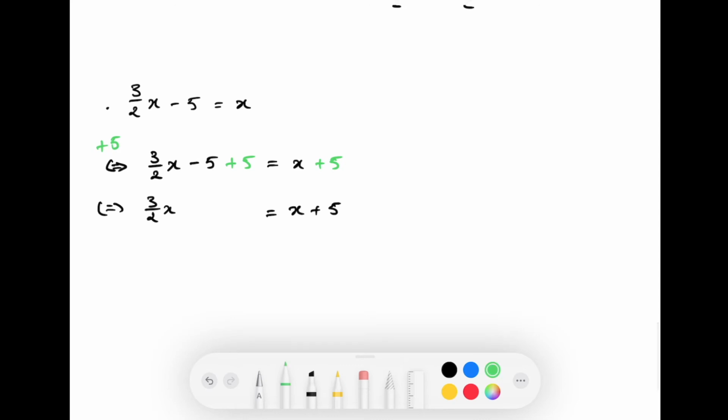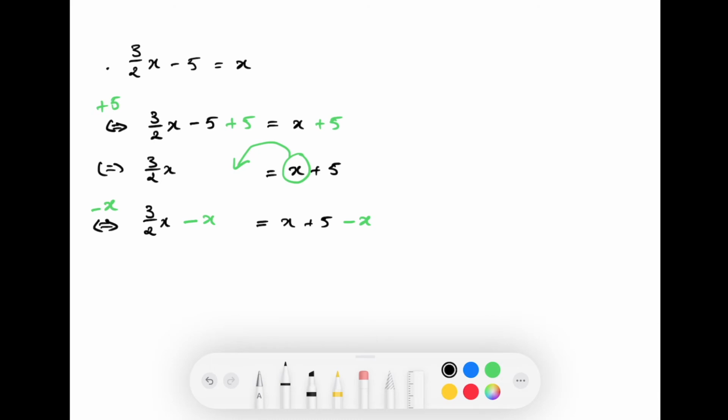All right, so now we have this x here on the right-hand side, and we don't want it there. We want it to be on the left-hand side. This can be very easily done by simply subtracting x on both sides of the equality sign. So we get 3 divided by 2 times x minus x is equal to x plus 5 minus x.